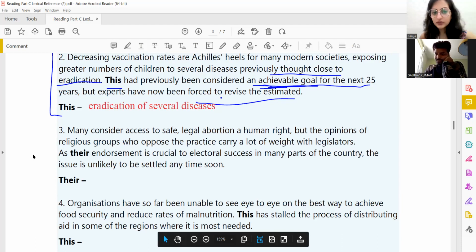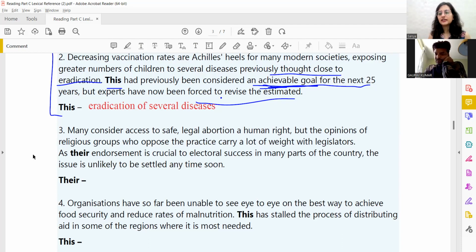Look at singular or plural, look at what words they are relating to, what ideas they are relating to. So there means we call the plural. Many consider access to safe legal abortion a human right.